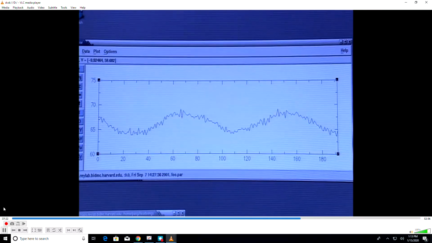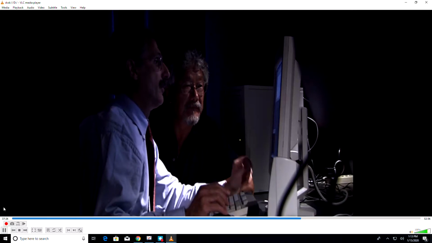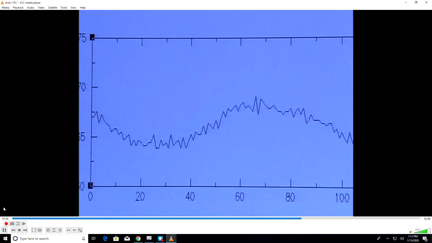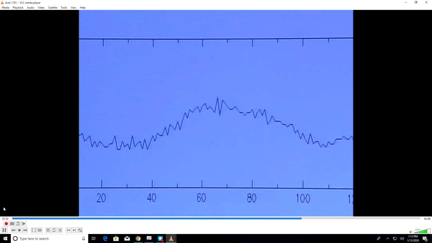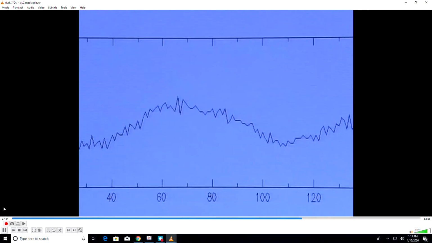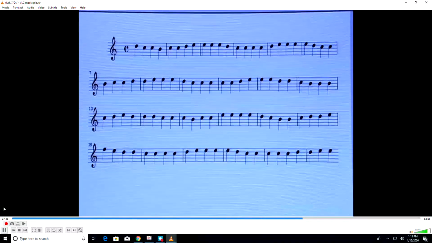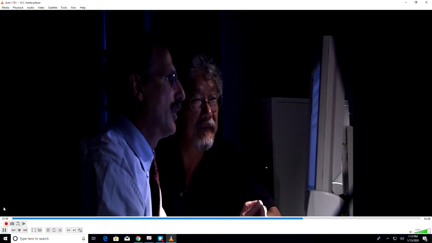So that was wonderful. That's a normal heart. That's a normal heart. And what we're going to see here now is a very different pattern. This is the heartbeat tracing from the patient with heart failure, and what you see here is actually quite different from the healthy. Now, things actually look more organized. They look, in a sense, more periodic. And so let's play it out and see what this sounds like.